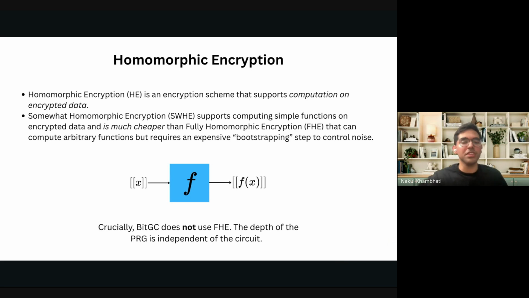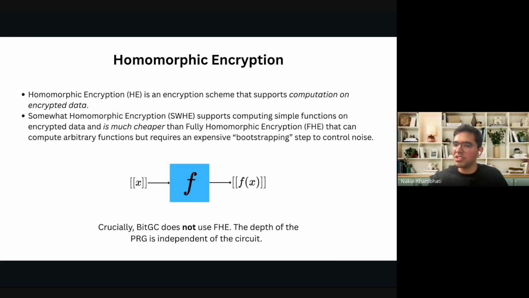And this is much cheaper than fully homomorphic encryption, which can support arbitrary functions, but requires an expensive bootstrapping step to control noise growth. This is also why we don't just substitute MPC with homomorphic encryption. They both achieve a similar functionality of being able to compute on private data without actually seeing that private data. But FHE is still not as practical as MPC.